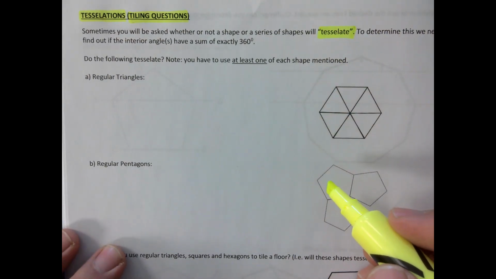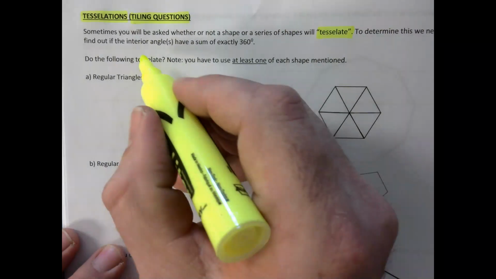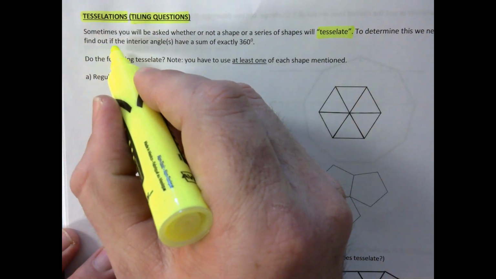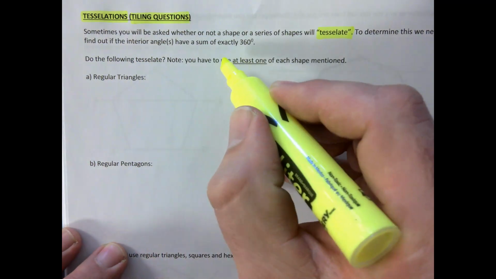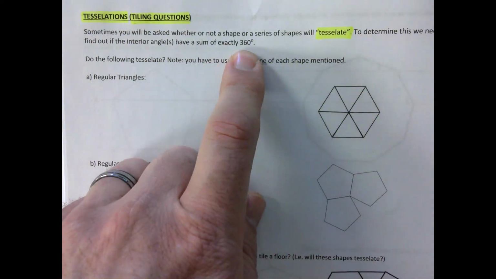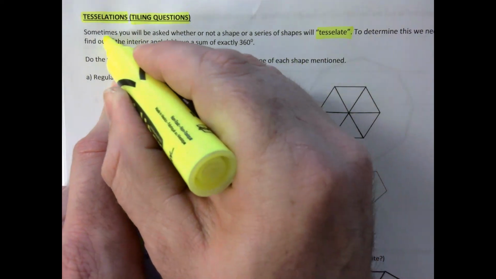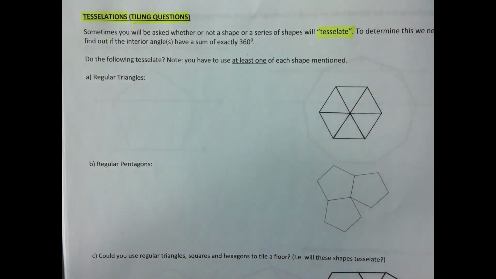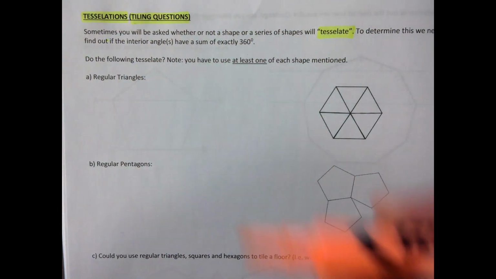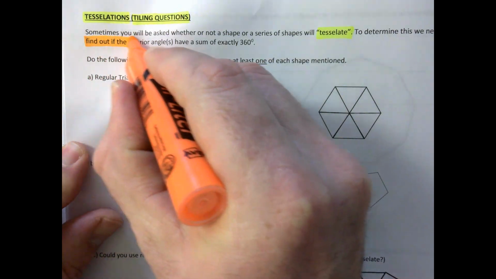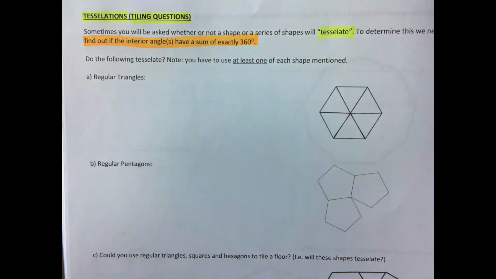And you need to basically figure out, find out if the interior angles have a sum of 360 degrees. That is really where it all hinges. Find out if the interior angles have a sum of exactly 360 degrees.